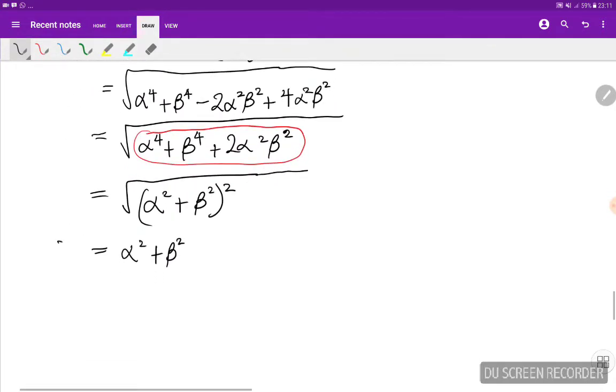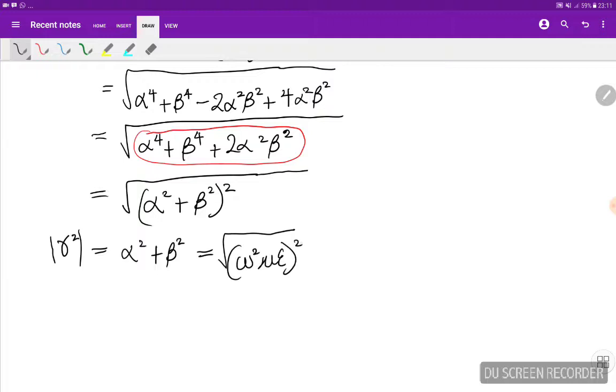So this is our magnitude, and this is also the same as saying the square root of γ⁴, and that's still equal to ω² μ₀ε₀.